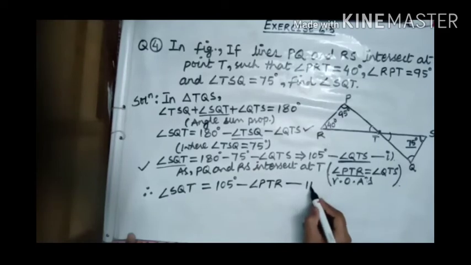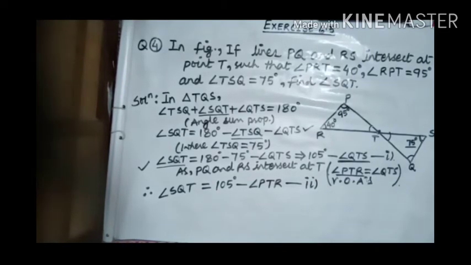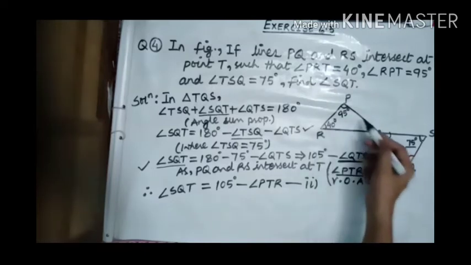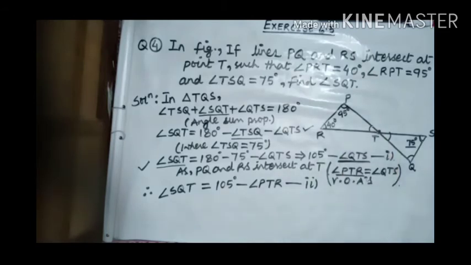Let this be equation 2. Now, this SQT could be determined if the value of angle PTR is known. And this time PTR is part of triangle PRT. So in triangle PRT, we use the angle sum property and calculate the value of angle PTR.